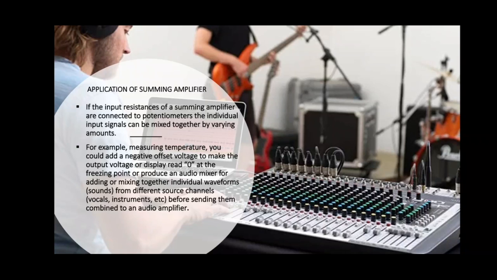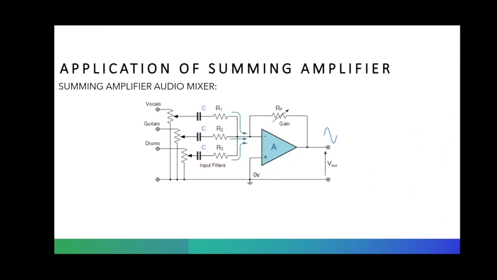For example, in measuring temperatures, you could add a negative offset voltage to make the output voltage or display read 0 at the freezing point, or produce an audio mixer for adding or mixing together the individual waveforms, that is sounds, from different sound channels like vocals, instruments, etc. before sending them combined to an audio amplifier. And the next application of the summing amplifier is the summing amplifier audio mixer, and the figure is shown here.